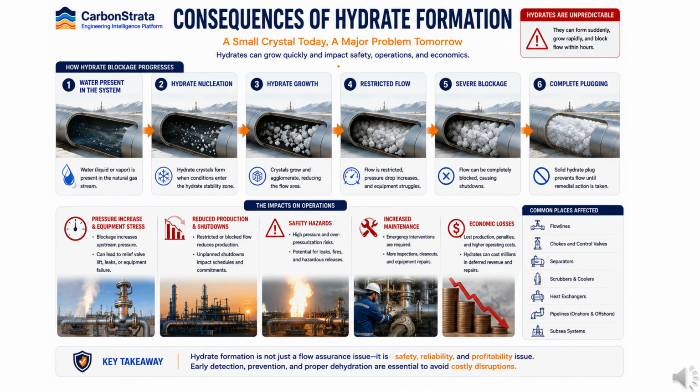Such blockages may force operators to shut down wells, flow lines, or processing facilities. Hydrate plugs can also create dangerous pressure buildup. Removing them often requires expensive intervention and extended downtime. The cost of prevention is typically far lower than the cost of remediation. For this reason, proactive hydrate management is considered a critical part of safe and reliable gas operations.